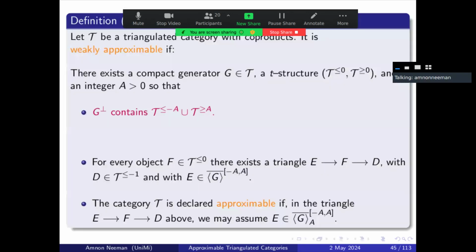half. And the highlighted part here says that there are no homomorphisms from G into either T less than or equal to minus A or T greater than or equal to A. And this turns out to be a very strong hypothesis.